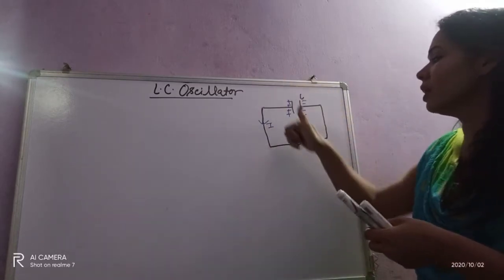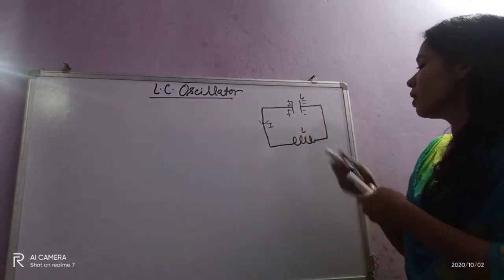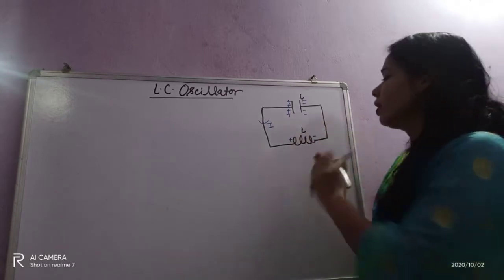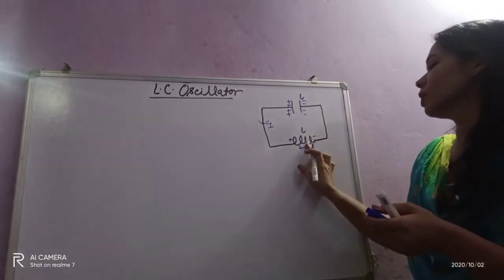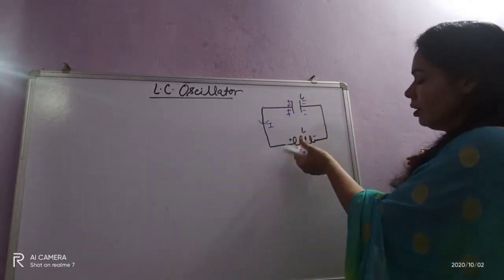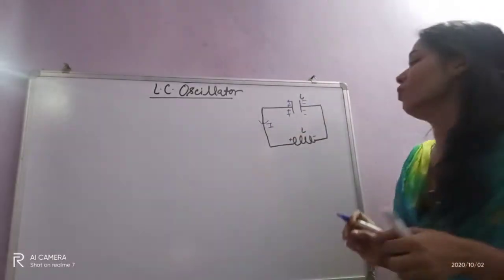Means if the current increases because of the flow of charge, it will oppose. It will create an opposite polarity, an induced EMF whose direction is opposite, so that it opposes the flow of current.